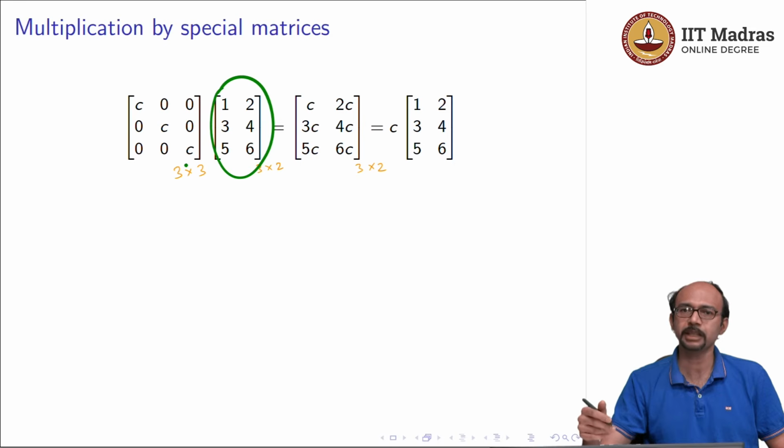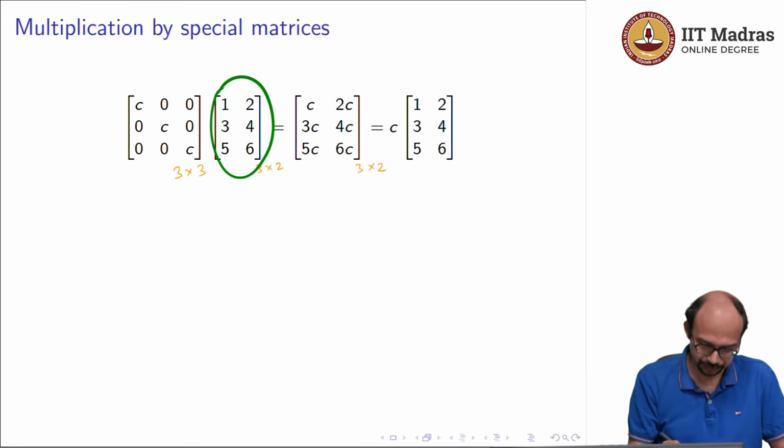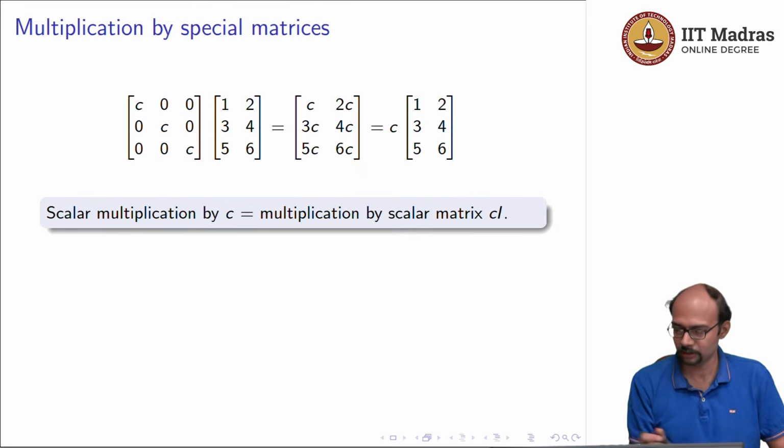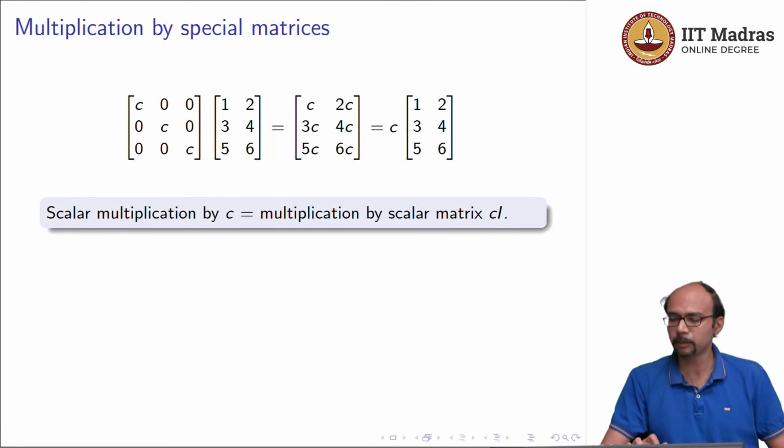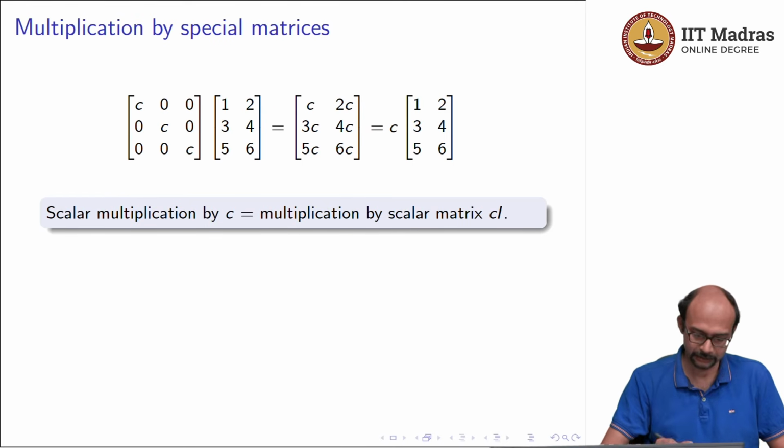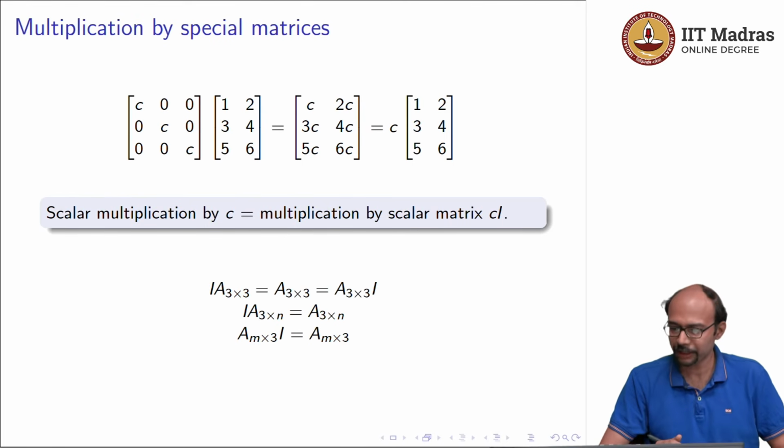So multiplication by a scalar can also be thought of as multiplication by a matrix, namely the scalar matrix of the corresponding size. To reiterate, scalar multiplication by C is multiplication by the scalar matrix C times the identity matrix. In particular, if we put C as 1, we get the identity matrix.